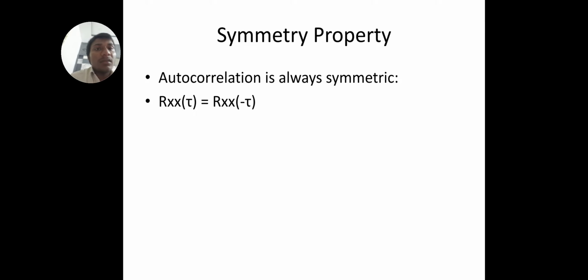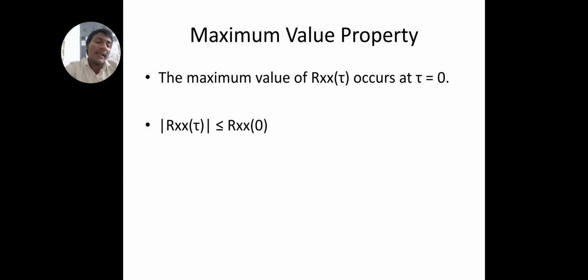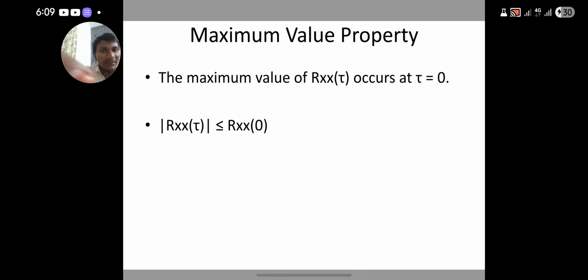Symmetry property: autocorrelation is symmetric, because Rxx of tau is exactly equal to Rxx of minus tau. And the maximum value, as previously discussed, lies at the origin of the signal.